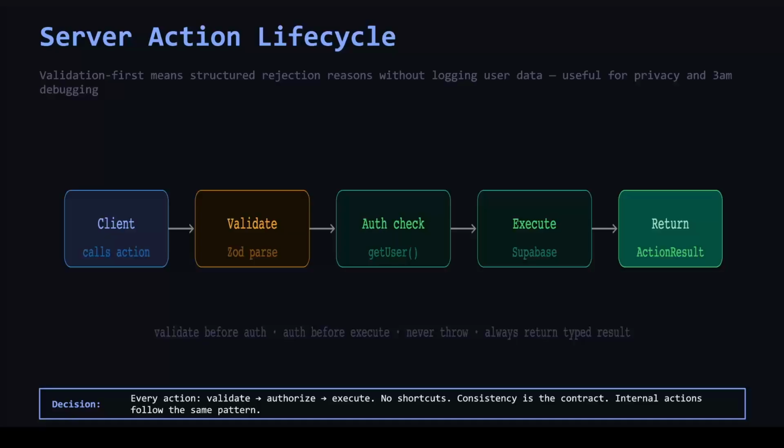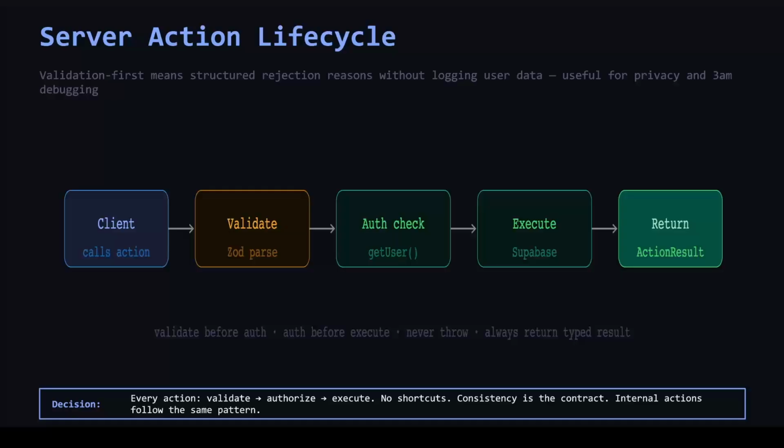Step 2, authorization. Supabase row-level security runs here, or an explicit check against the user's session. If the user isn't allowed to perform this operation, another structured error is returned. Step 3, execution. The business logic runs, database writes, Stripe calls, email queuing, and the result is returned as ActionResult.